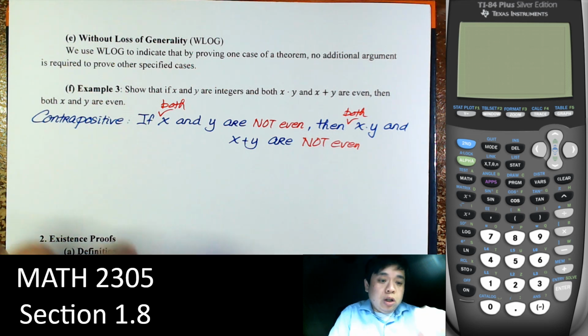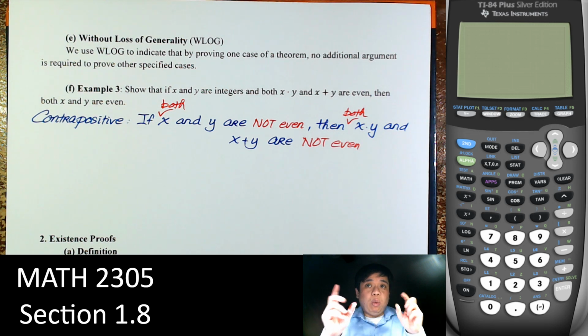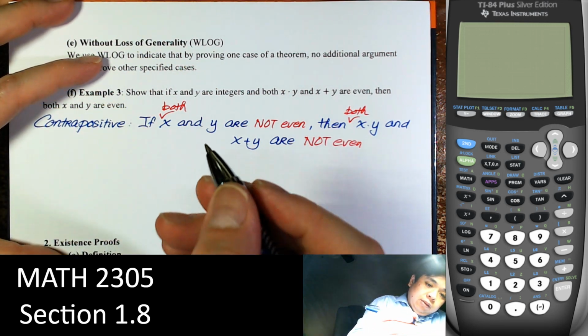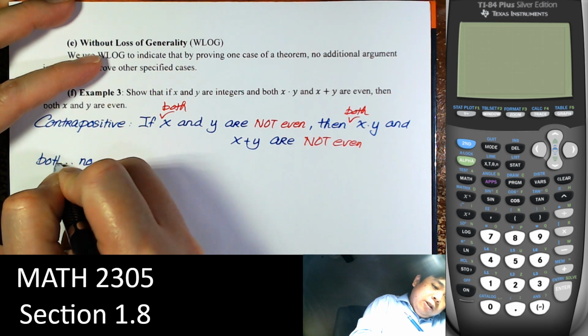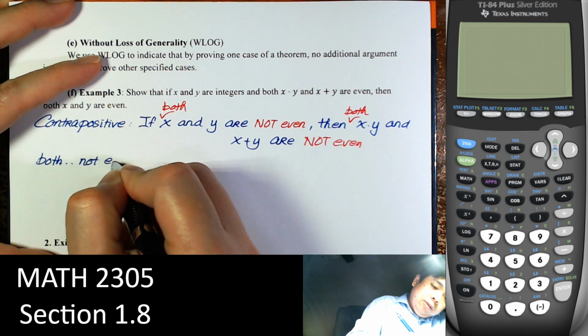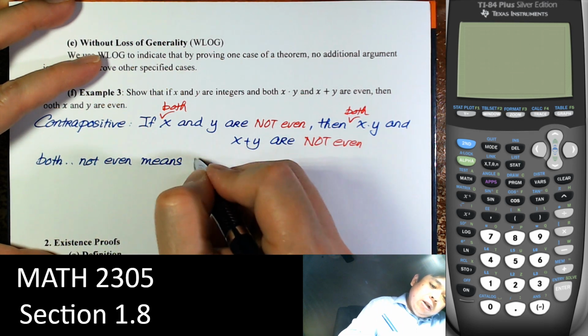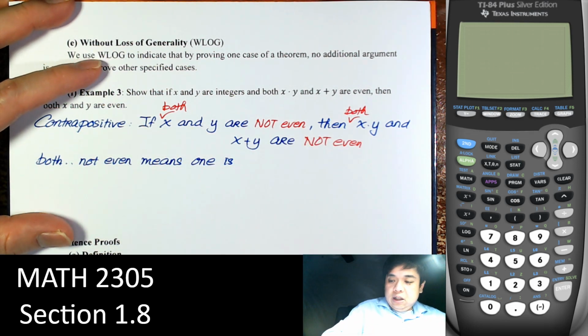Right, so now if both of them are even, that's easy. What if both of them are not even, meaning that at least one of them is odd.